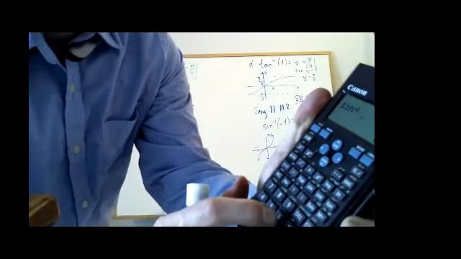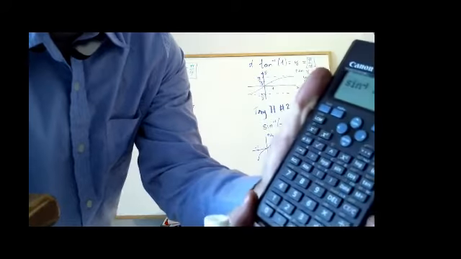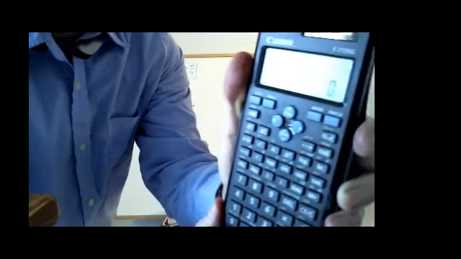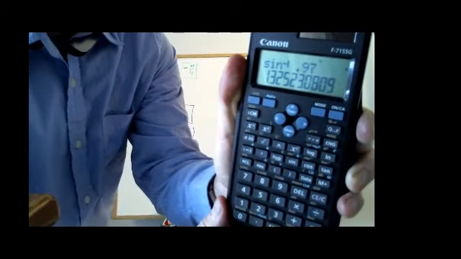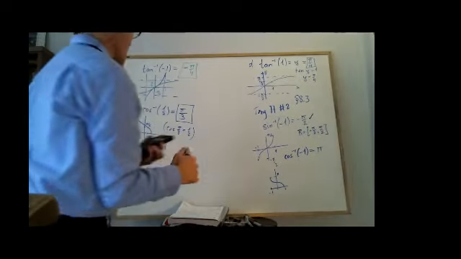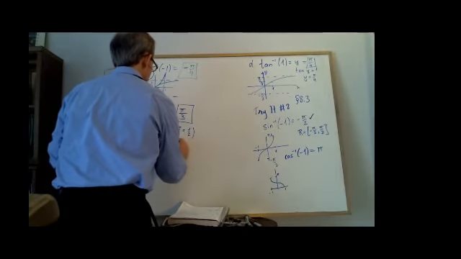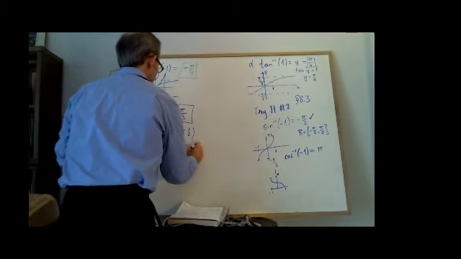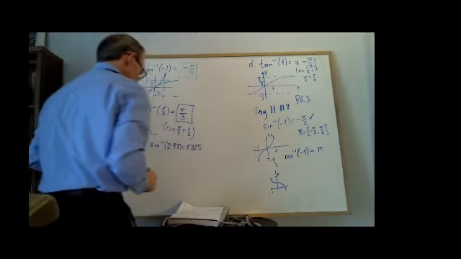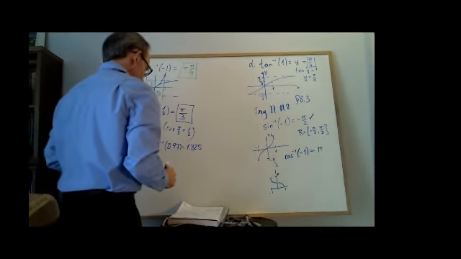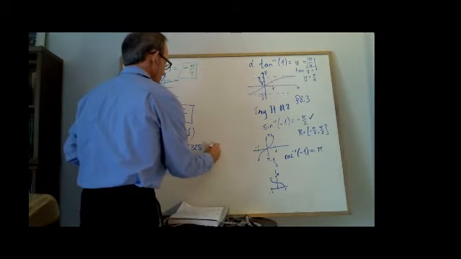0.97, equals. So you get 1.325, etc., which is radians.